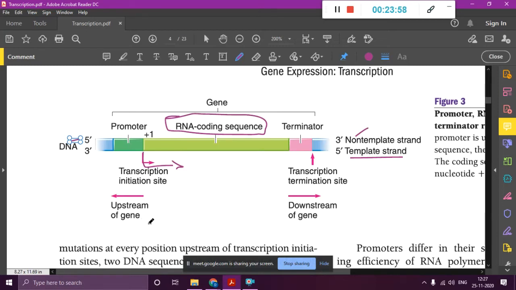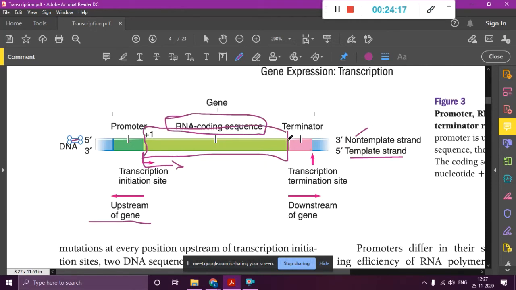So the region before +1 is known as upstream of the region, and this is where the transcription stops. So only this part is going to be transcribed or made into RNA.